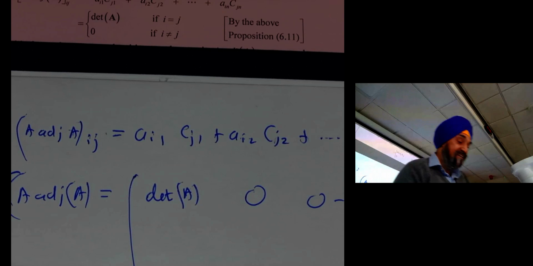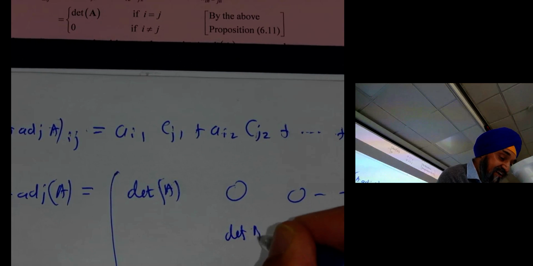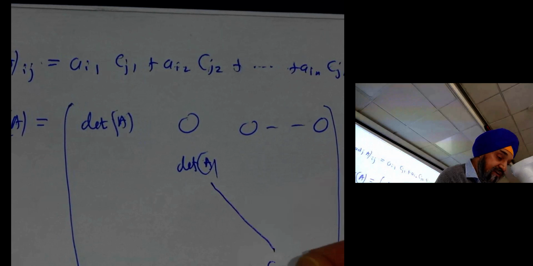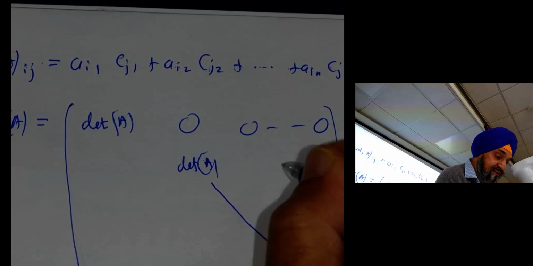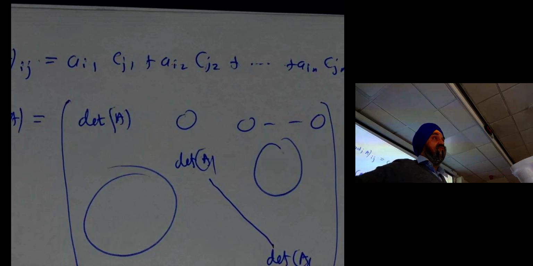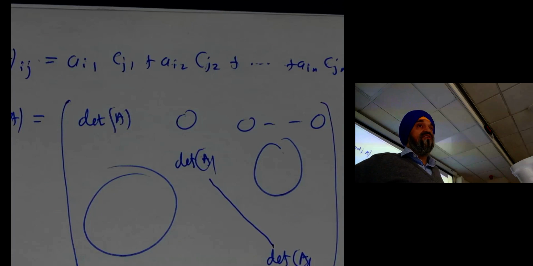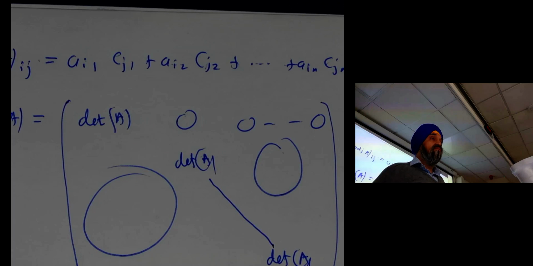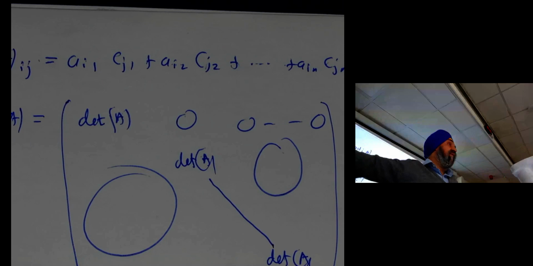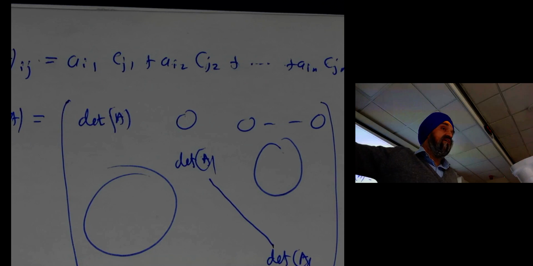So you're going to get det A all the way along, and zeros everywhere else, because I doesn't equal J. The only time I is equal to J is along the leading diagonal: A11, A22, A33, all the way to ANN, which may be A10,000,10,000, whatever. Everywhere else is going to be zero.